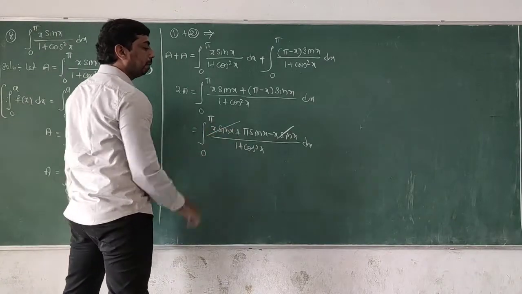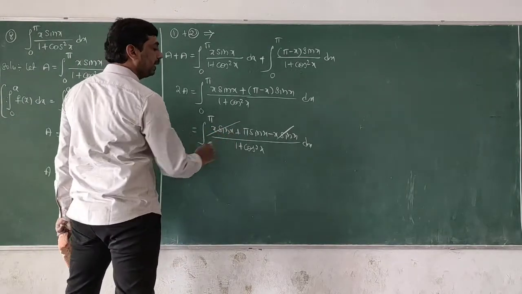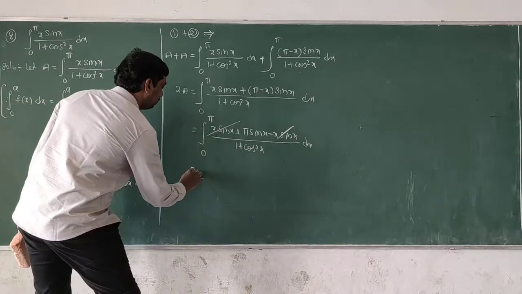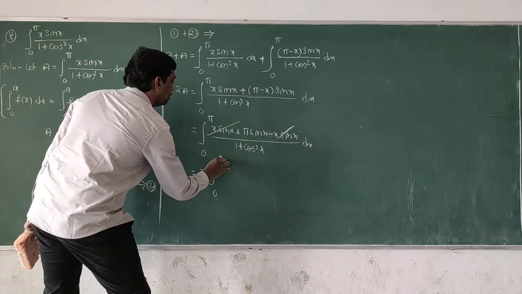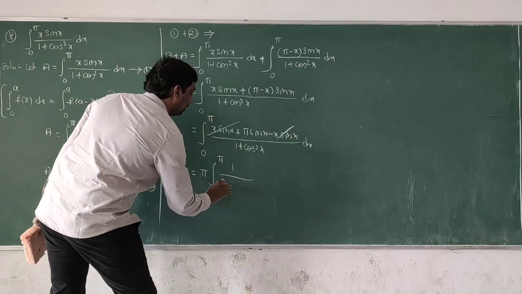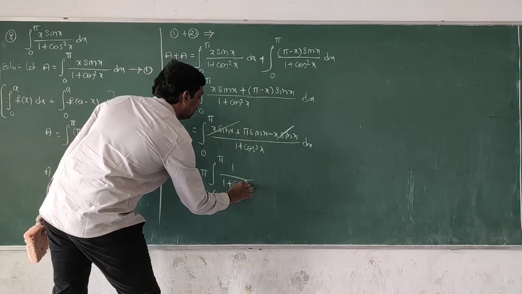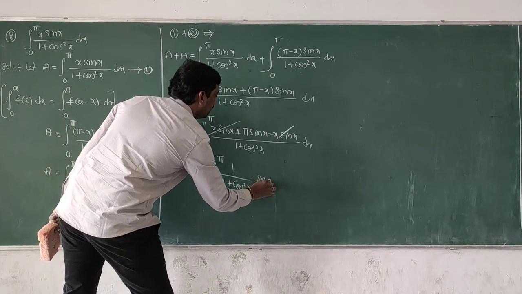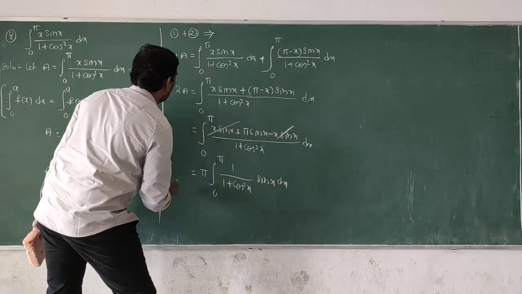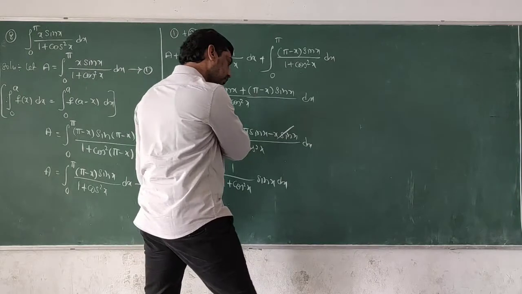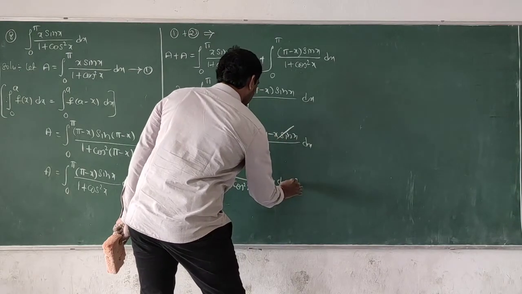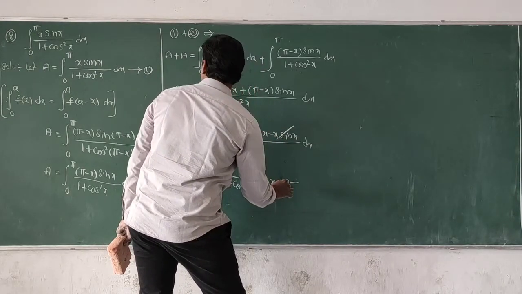The remaining term is pi sin x. In this, pi is a constant. That's why this can be written as pi into integration 0 to pi 1 by 1 plus cos square x into sin x dx. This is equal to 2A now.